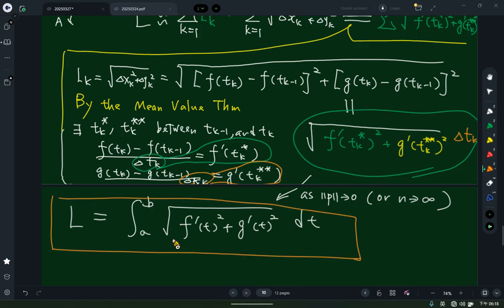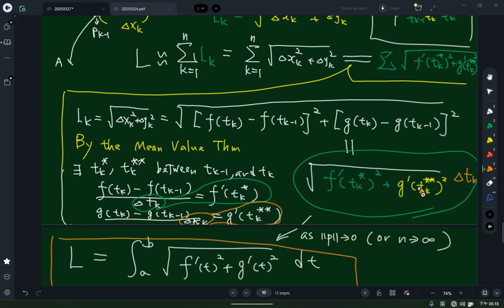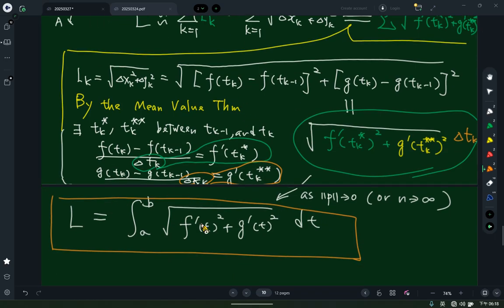So if you cannot memorize it, at least you need to memorize this formula. From a to b, the square root of f prime t squared plus g prime t squared.